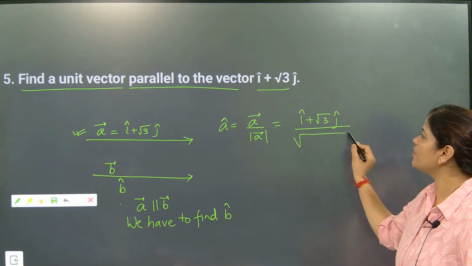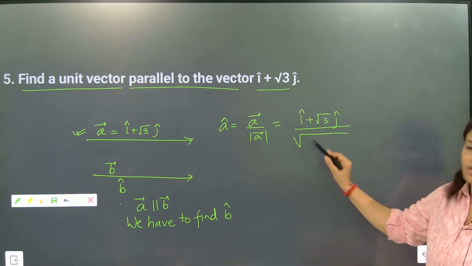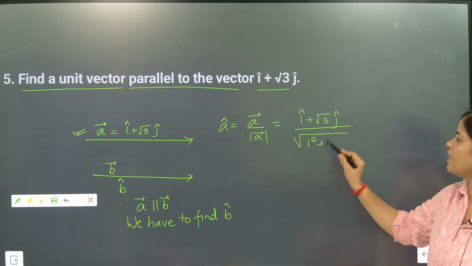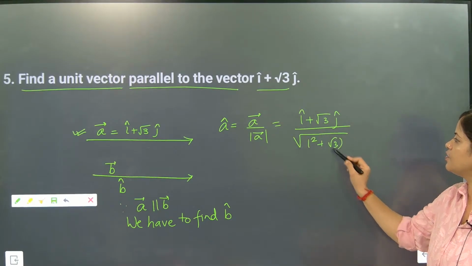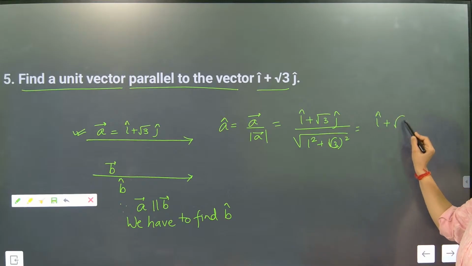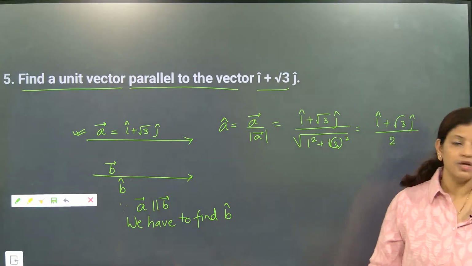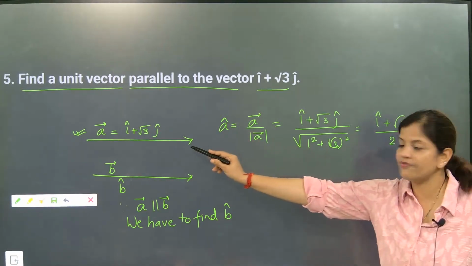Magnitude means what? The coefficient of i is 1, so it becomes 1 square. The coefficient of j is root 3, whole square. So we get i cap plus root 3 j cap by root of 1 plus 3, that is root 4, which gives 2. So this is the unit vector of vector A.